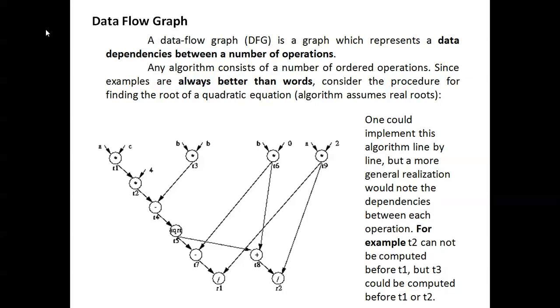Instead of a paragraph, they give a graph showing how the processing is going. It is called a data flow graph.